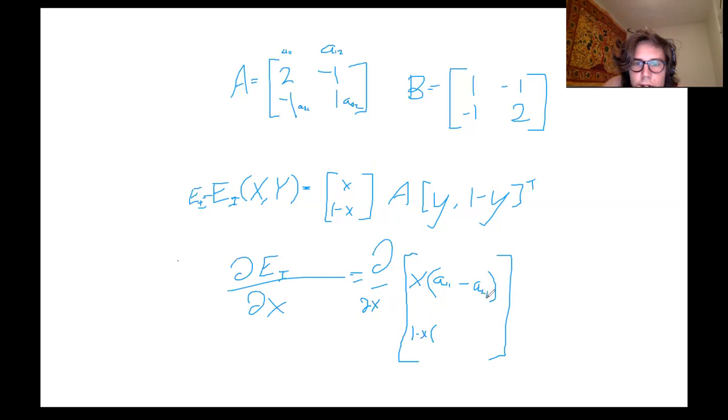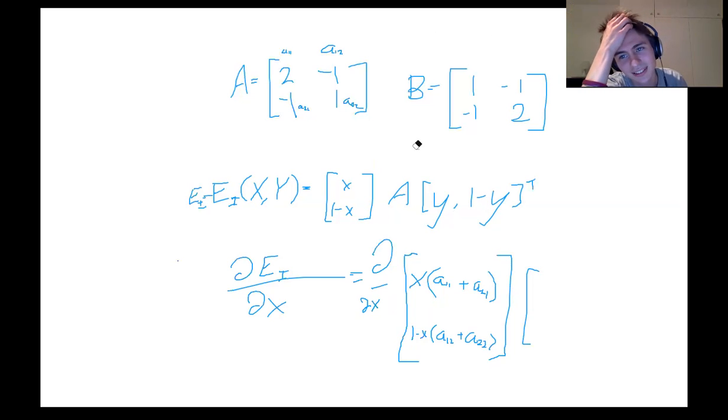This is 2, 1, and then here you have 1, 2. Oh, it's gonna be plus there, and 2, 2. And then you're gonna multiply this with your favorite matrix over here. And you need to always remember which way matrix multiplication works.